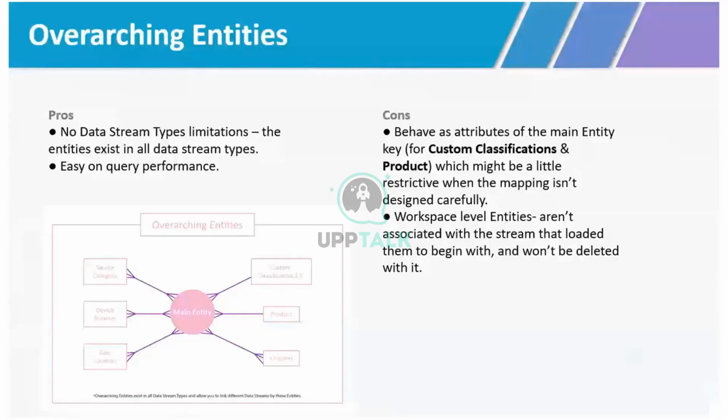The cons: behaving as attributes of the main entity for custom classification and product, which might be a little restrictive when the mapping isn't designed carefully. Mapping, as I mentioned, always has to be designed by looking at the relationships, and whenever you are attributing any of your attributes to a custom classification, it also has to abide by the mapping and the data model, and it has to have one value per entity.